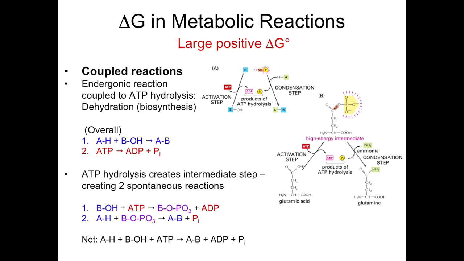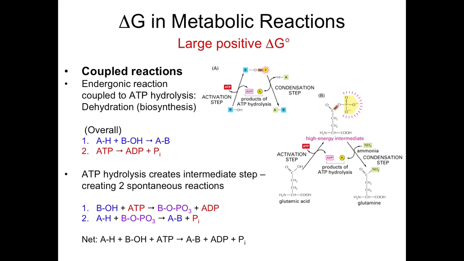And so many biological reactions are like this. If you're thinking about building proteins, or if you're thinking about building nucleic acids, or if you want to build complex carbohydrates like starches, these are processes that take a lot of energy.